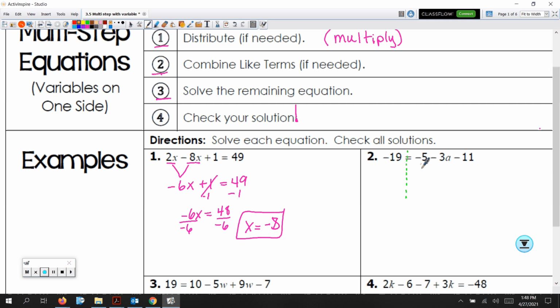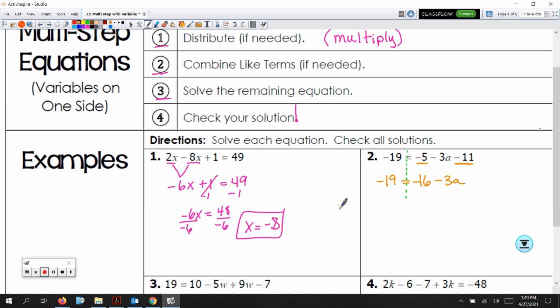So if I combine like terms, I only have these like terms. Negative 5 and negative 11 are like terms. So negative 5 minus 11 is negative 16. I'm going to bring down my negative 3a, my equal sign, and my negative 19, okay?